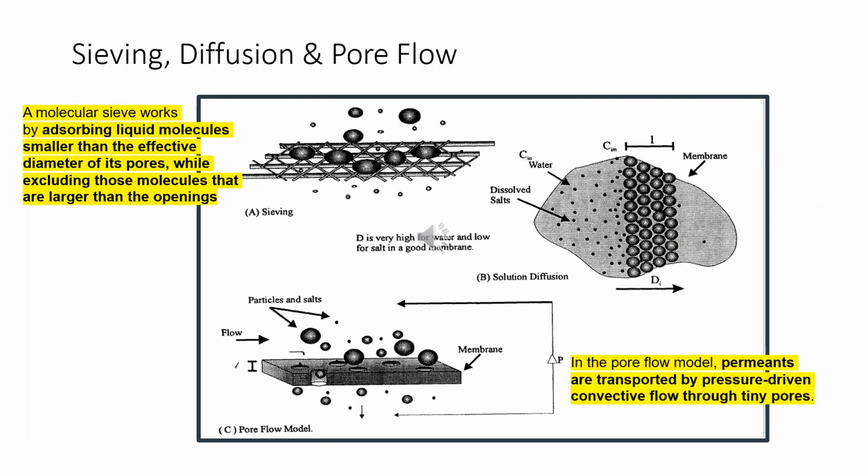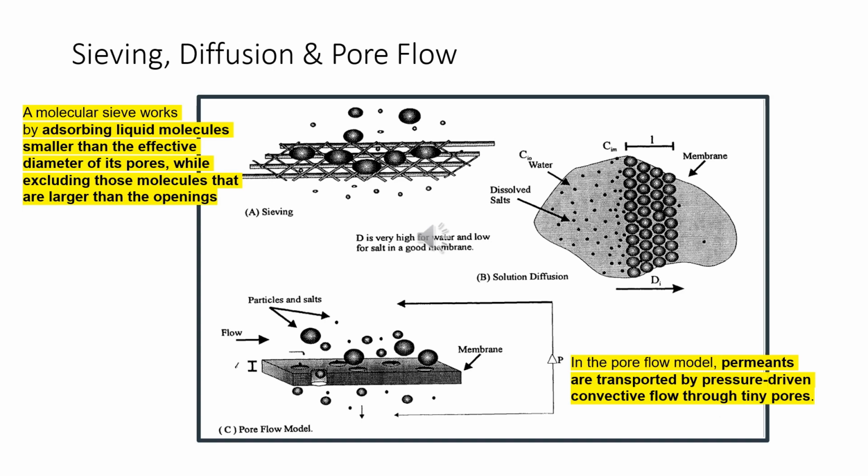So a molecular sieve works by adsorbing molecules smaller than the effective diameter of its pores, while excluding those molecules that are larger than the openings. And then we have solution diffusion here. That is where the water will move from an area of high concentration to an area of low concentration.